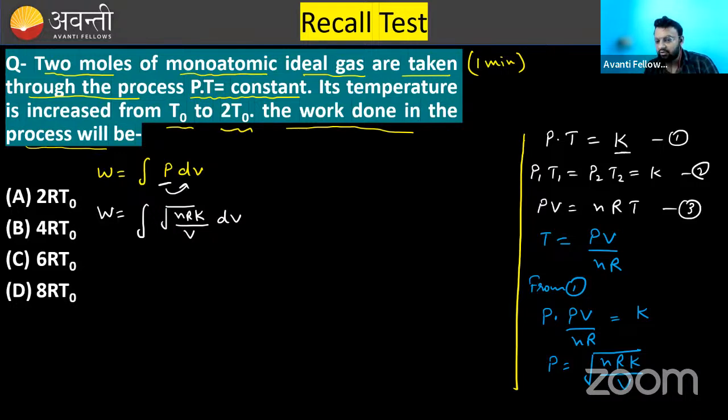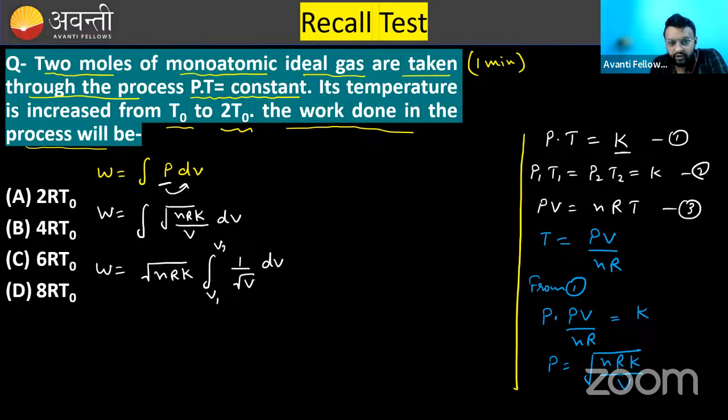So all these terms are constant. We can take them out of the integration. So W is equal to root of nRK outside the integration. What is left? Integration of 1 over root V dV. From where to where will you integrate? From V1 to V2 you will integrate it.